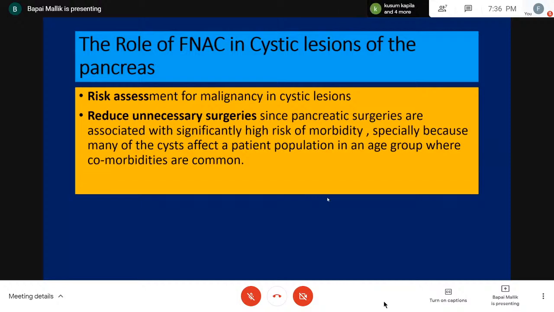This is very important, since pancreatic surgeries are associated with significantly high risk of morbidity, because when you look at the patient profile, you're going to see that many of the cysts affect the patient population in an age group where a number of comorbidities are present, and many of the patients may not be fit for surgery.